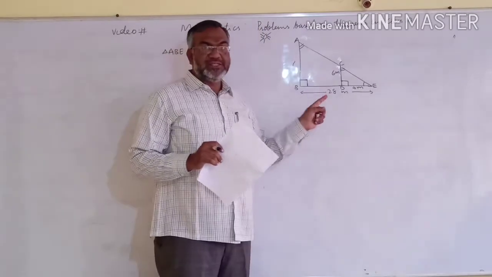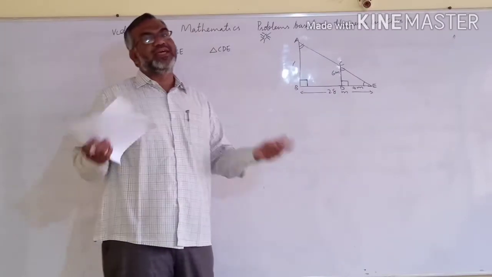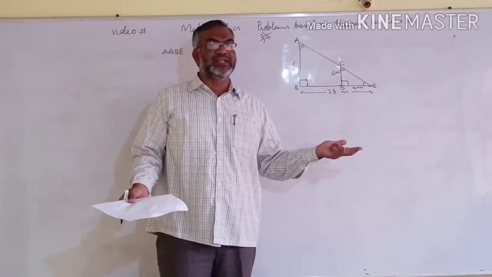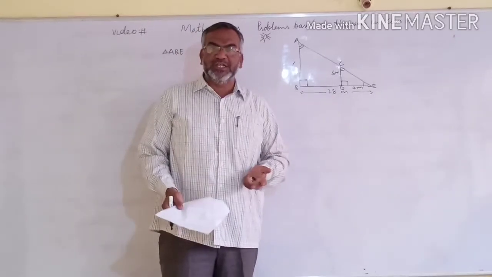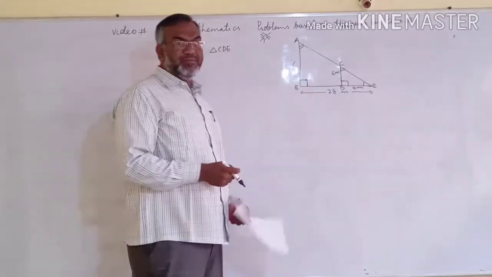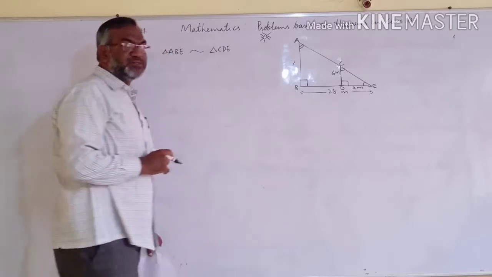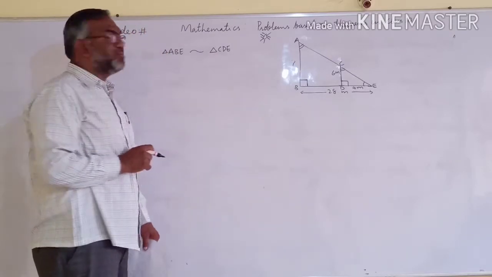Now, in these two triangles, corresponding angles are equal, so according to the SSS criterion, the corresponding sides must be in the same ratio and the two triangles are similar.